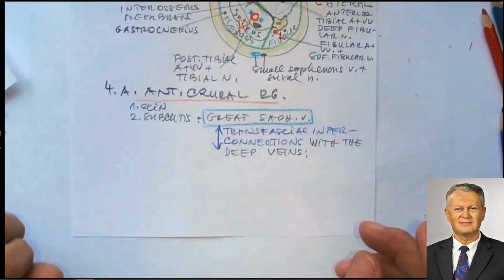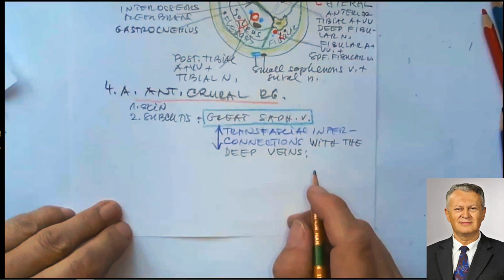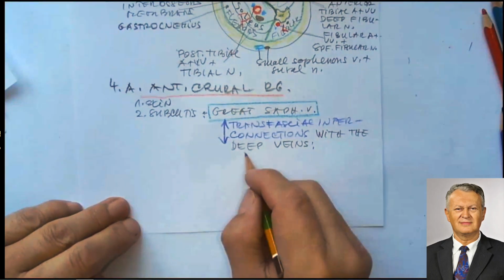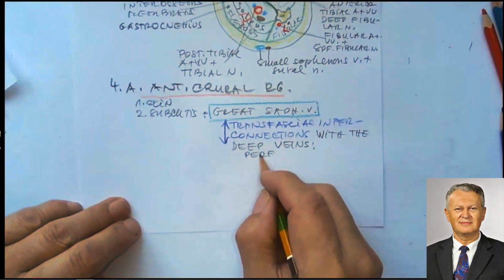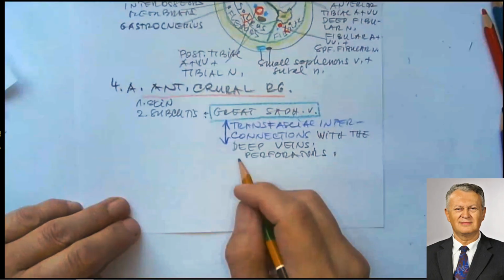They don't contain any valves, and they are clinically very important because these veins are called perforators. We call them perforating veins or perforators, and they were described by surgeons.